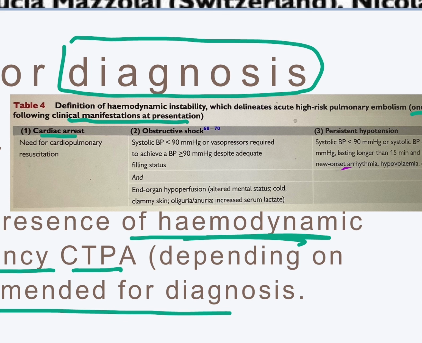Either the patient is in cardiac arrest and needs cardiopulmonary resuscitation, or obstructive shock, defined by systolic blood pressure of less than 90 or requirement of vasopressors to keep the blood pressure above 90, or end-organ hypoperfusion, which can be seen as altered mental sensorium, cold clammy skin, oliguria and anuria, or increased serum lactate.